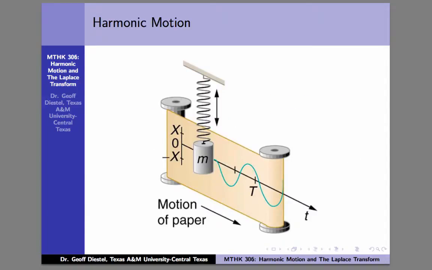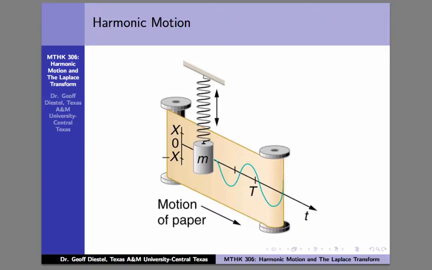So harmonic motion models a variety of situations in physics and engineering, and it boils down to a simplified model, which you see here, which is basically the idea of you have some object with some mass hanging from a spring, and that object may be forced or caused to move, bounce up and down on the spring.